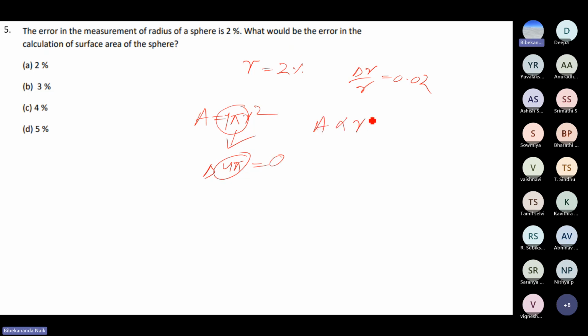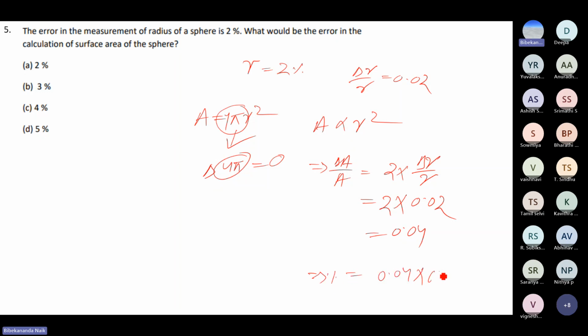So A is proportional to r square. So delta A by A will be 2 into delta r by r. It will be 2 into 0.02, which is 0.04. In terms of percentage, it will be 0.04 into 100, which is 4%.